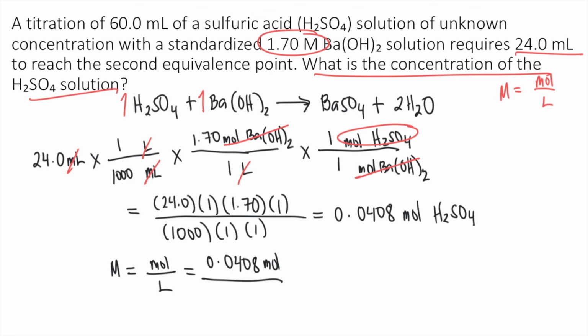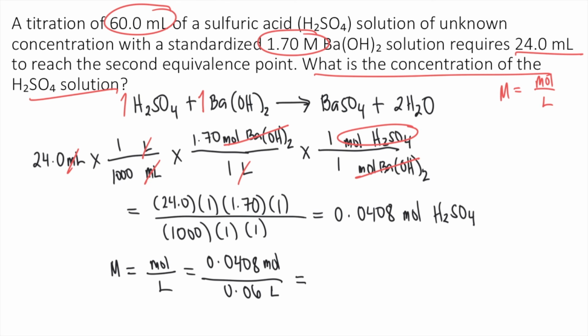In the problem, we are given 60, but that's in ml. So you need to convert that first to liters by dividing it by 1,000. So 60 divided by 1,000 will give us 0.06 liters.